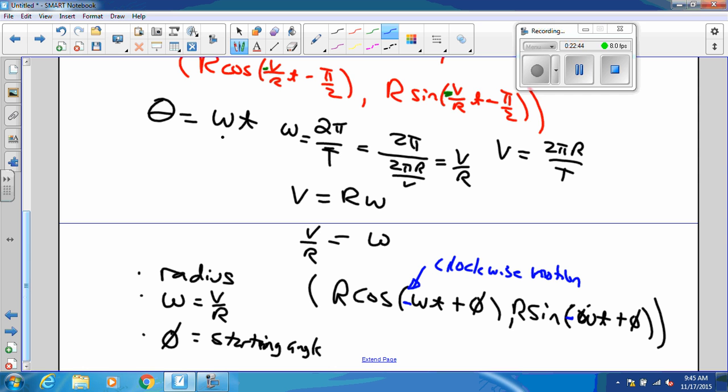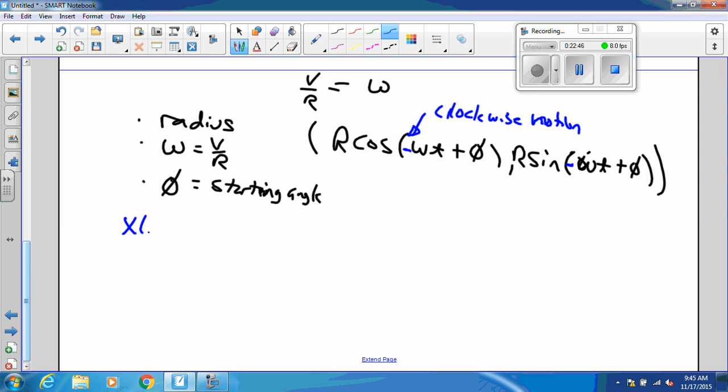Okay, wow. So if we put all of this together then, we can say that our x of t has to equal 5t, that's the linear motion part, plus the radius of the circle, which is 1 inch, times the cosine of negative, whatever the omega is, v over r. The v is 5 inches per second, divided by 1.